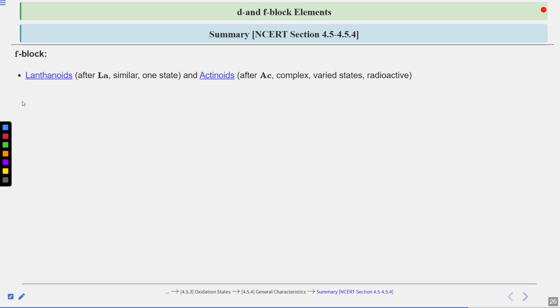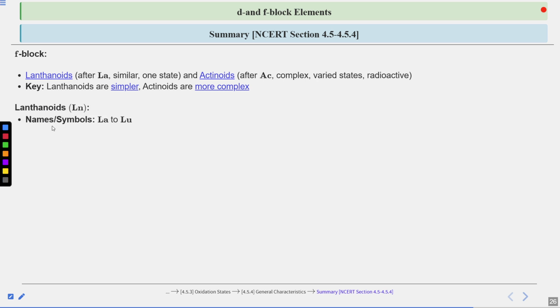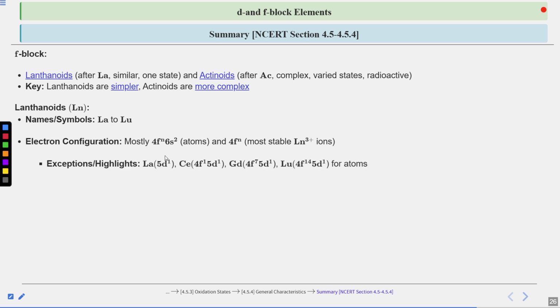The key point is that lanthanoids are simpler and actinoids are more complex. We have seen the names and symbols of lanthanoids from lanthanum to lutetium. We have seen the electronic configuration, which is mostly 4fn 6s2, and 4fn for the most stable Ln3+ ions. The exceptions include lanthanum, cerium, gadolinium and lutetium due to their electronic configurations.